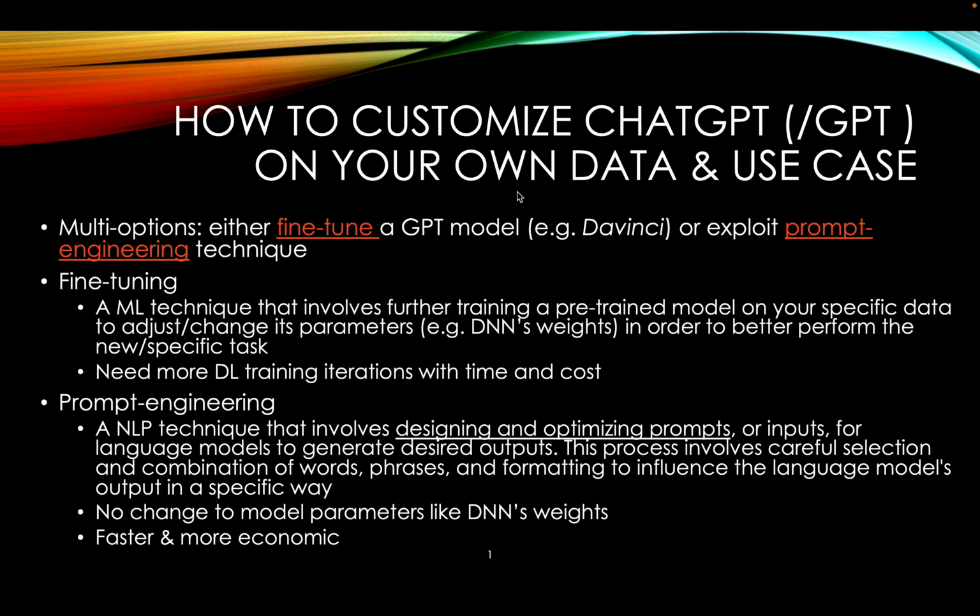Another technique is prompt engineering. This is a natural language processing technique that involves designing and optimizing the prompts that are input for language models to generate the desired outputs. This process involves careful selection and combination of words, phrases, context, and formatting to influence the language model's output in a specific way.